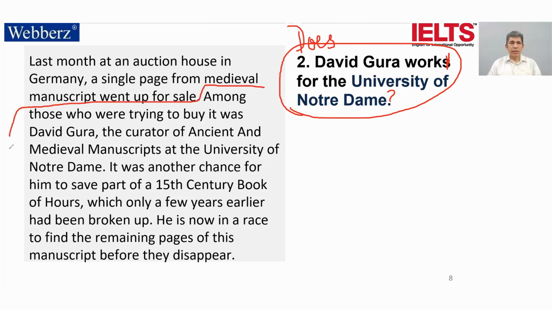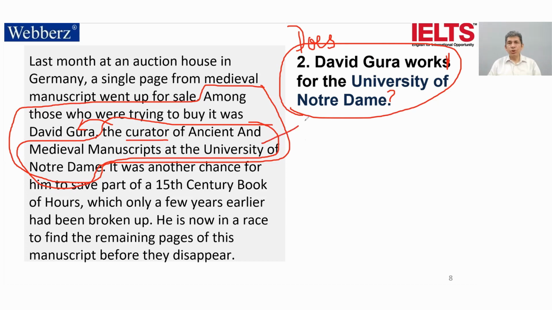So we'll read this and we'll try to figure it out. Among those who were trying to buy it was David Gura, comma, the curator of ancient. Now, this is the definition of David Gura. So he is David Gura. What is he? A curator. A curator is a position, a keeper of ancient and medieval manuscripts at the University of Notre Dame.